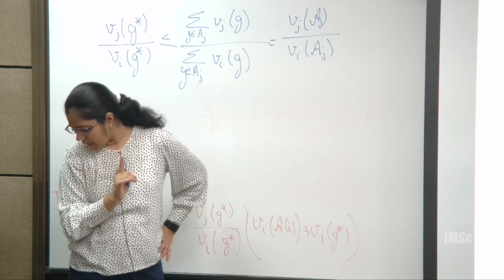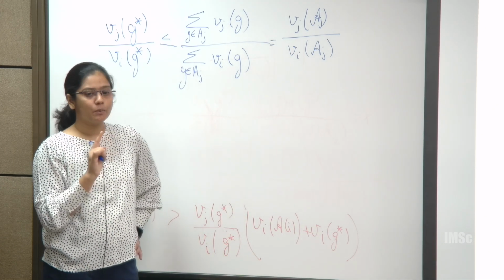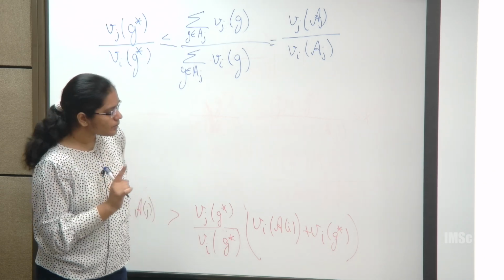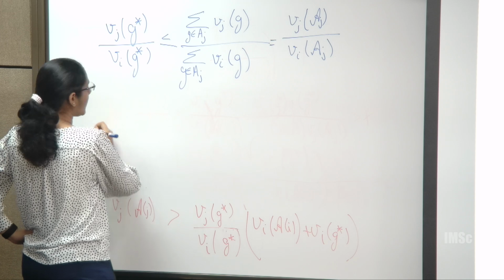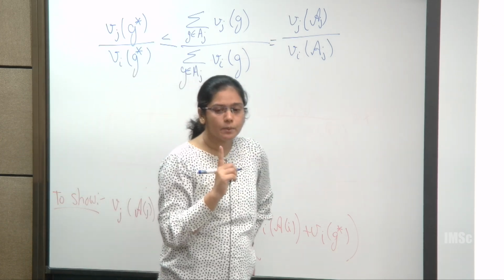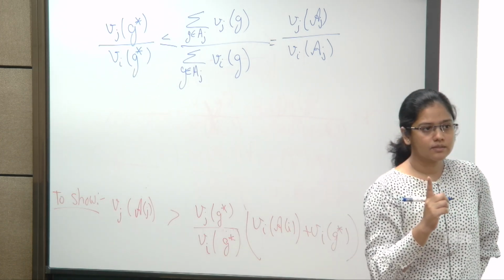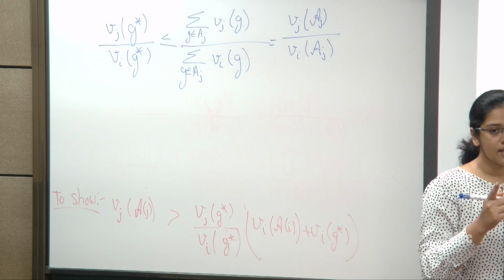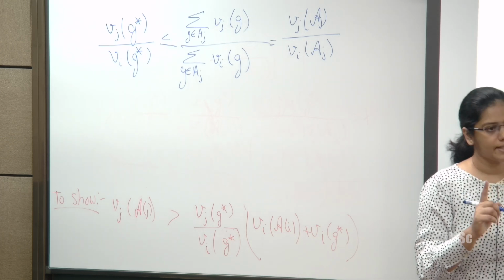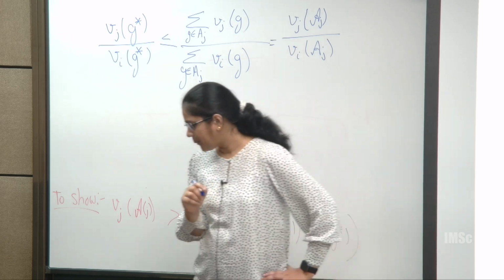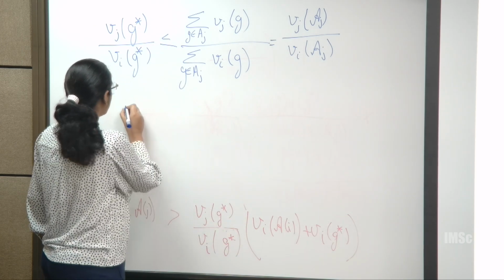Now, I envies J even after removing G star. What does it mean? Why am I saying that it envies even after removing G star? Because it was not EF1, correct.